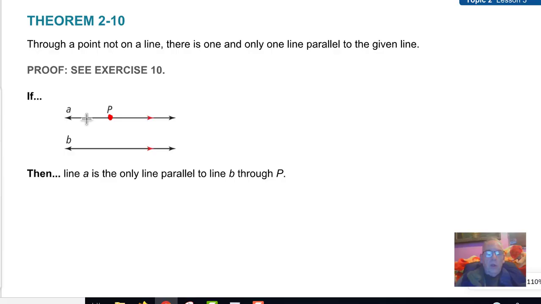So we're going to draw a line that goes through P that's parallel to B. And we can see that there's one and only one line we can draw that's going to go through P and at the same time be parallel to B. Any other line we draw through P is not going to also be parallel to B at the same time. So line A is the only line that's parallel to line B through point P. So that's our theorem 210.